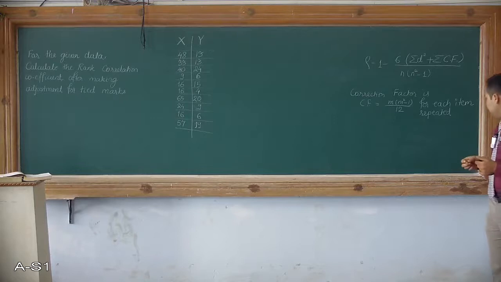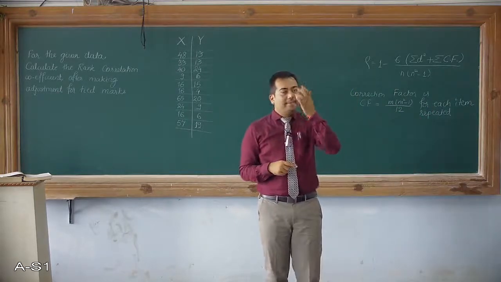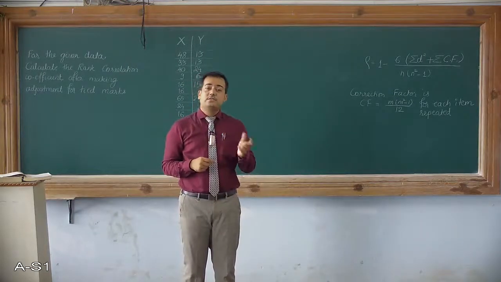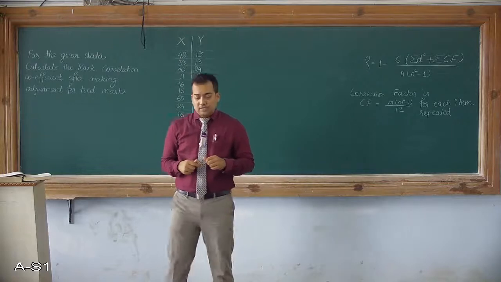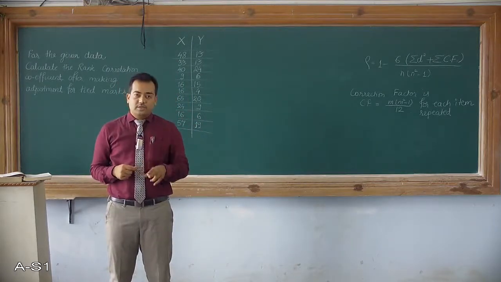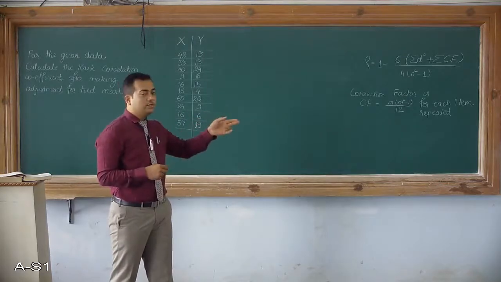The correction factor is given by m into m square minus 1, divided by 12, for each item which is repeated in this data set. For example, 13 is repeated twice, so we substitute m as 2, and get 2 into 2 square minus 1 divided by 12.